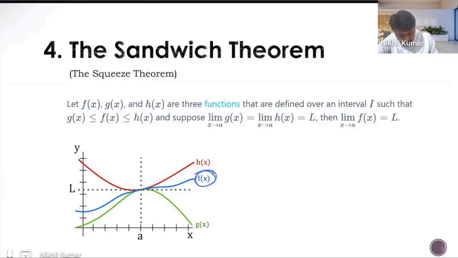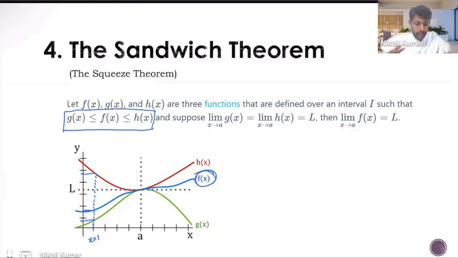Let's say I choose x equal to 1. For this x, have a look at it. Whatever the value of f of x is, that's between the value of h of x and g of x, isn't it? That's what is given here.